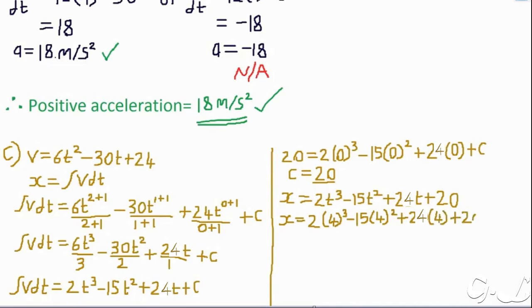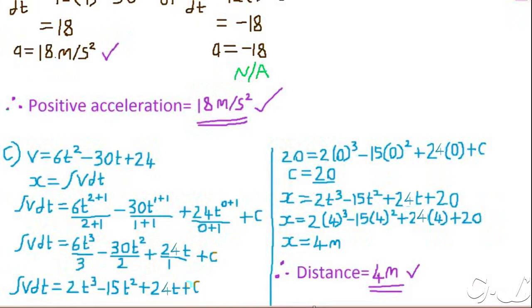So we have to replace where there is a t with 4. So therefore, x is equal to 4. Therefore, the distance is equal to 4 meters. That's how you get full marks.